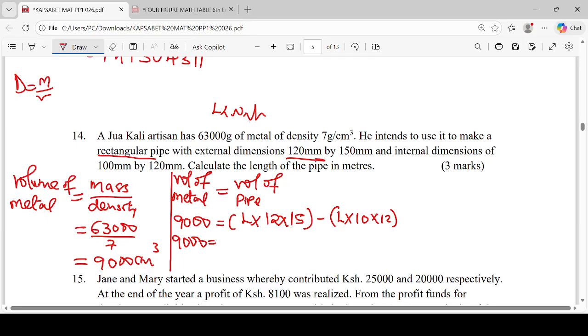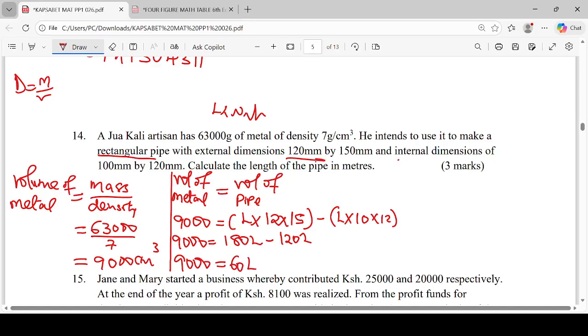So 9,000 is equal to 12 times 15, which gives you 180 L, minus 120 L. So 9,000 is equal to 60 L. And they want the length.